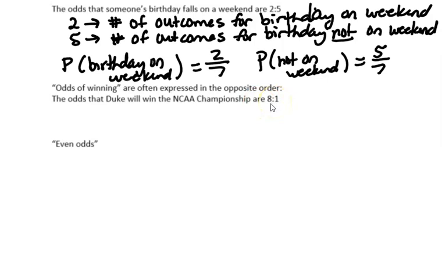That doesn't mean that we would expect them to win 8 times more than they would not win. Basically, the probability that Duke would win would be 1 out of 9 possibilities. There's 8 times they would not win, 1 time they would win. So the probability of Duke wins is equal to 1 out of 9. That's the actual probability for those odds.